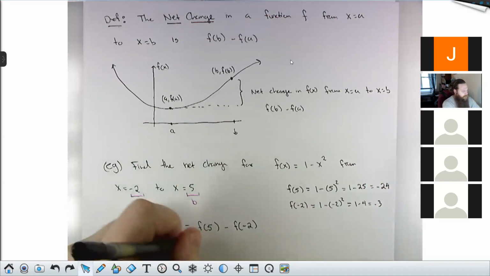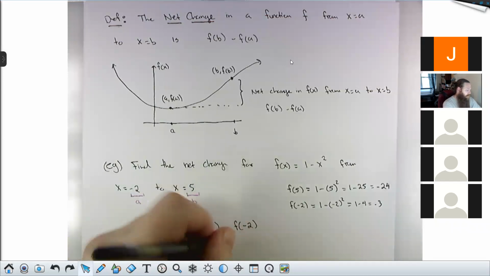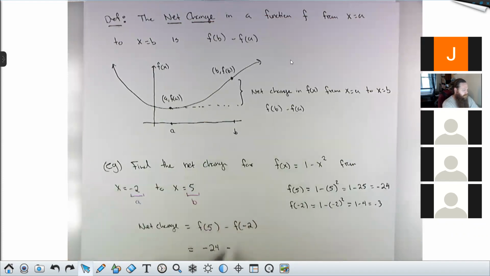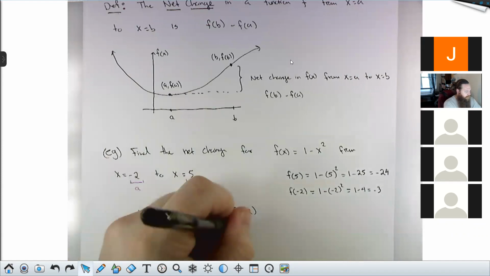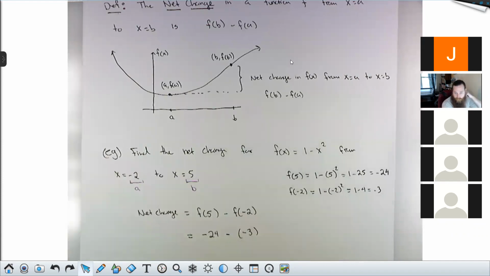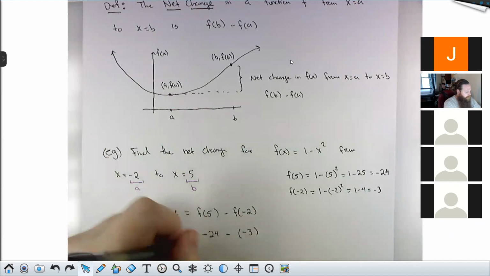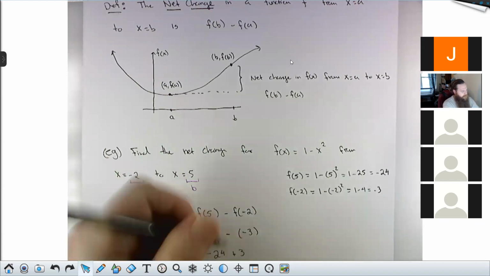So I can plug those guys in here. F of 5 is -24 minus, that minus is this minus. F of -2 is -3, and I'll put this in parentheses here because I want to be careful with my minus signs and make sure I'm understanding what's going on. So that's -24 minus -3, which is -24 plus 3.